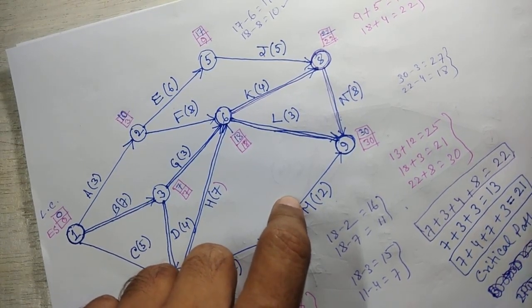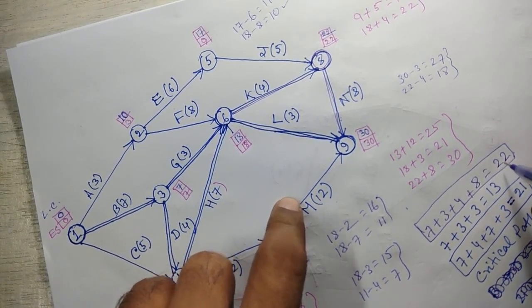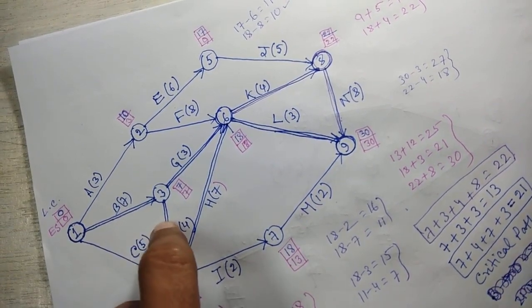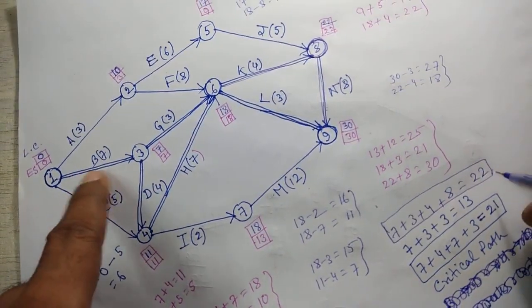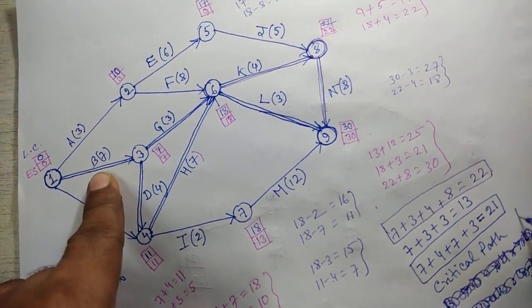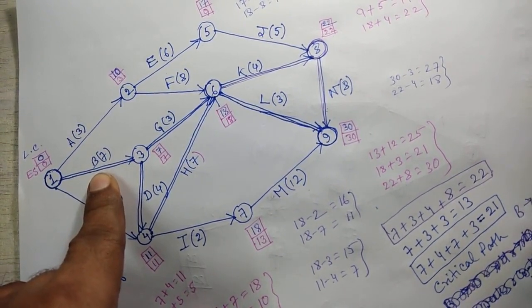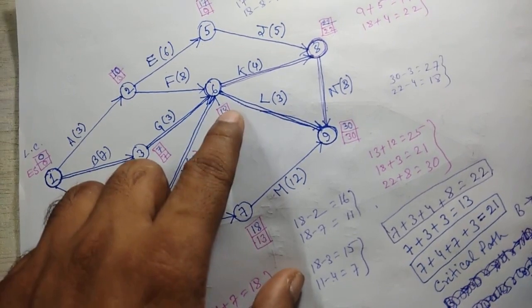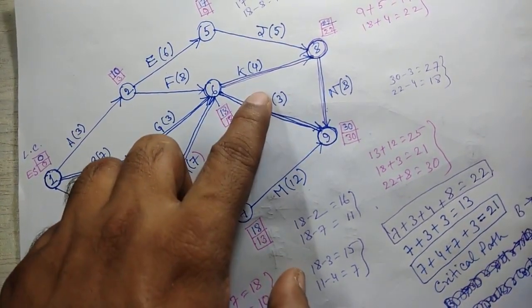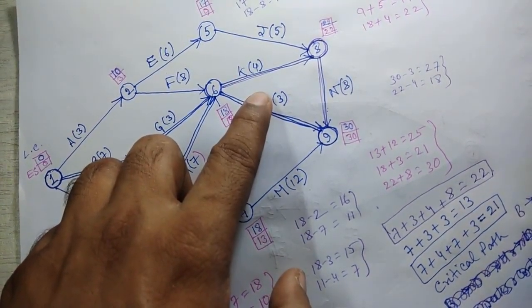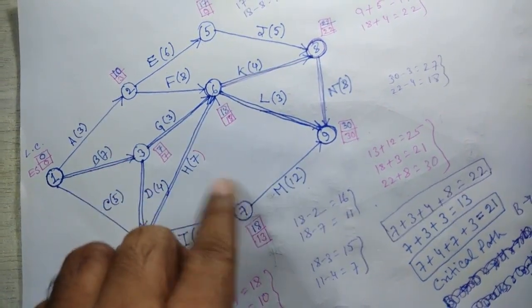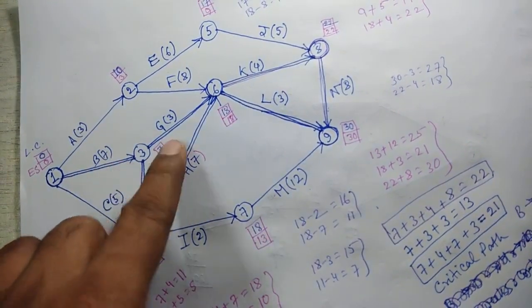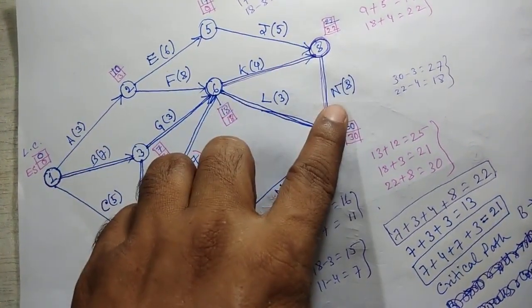So here the critical path will be B to G, G to K, K to N. B, G, K, N. That will be the critical path.